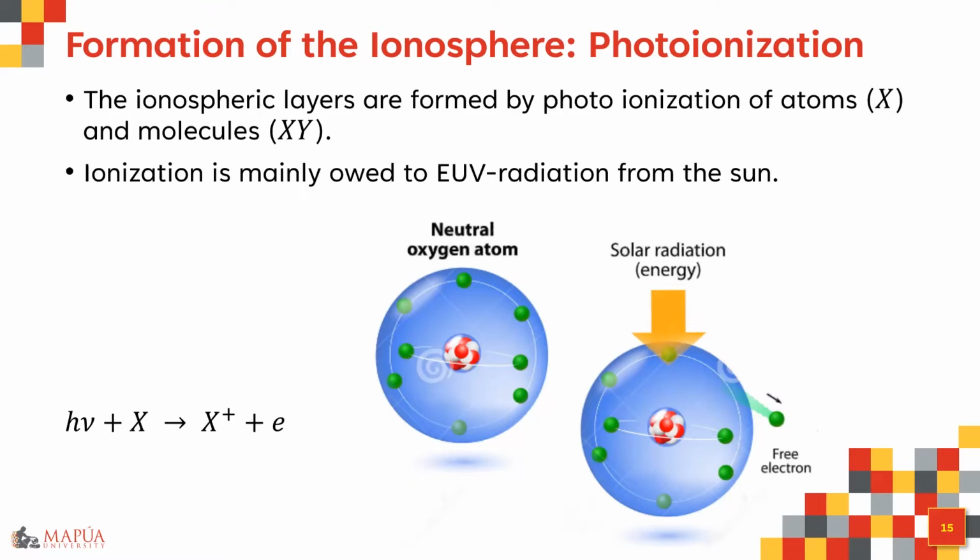Okay, so in terms of, for example, molecules, the same thing happens. Your EUV radiation will ionize your molecule, and then that molecule becomes a positively charged particle plus a release of electrons.